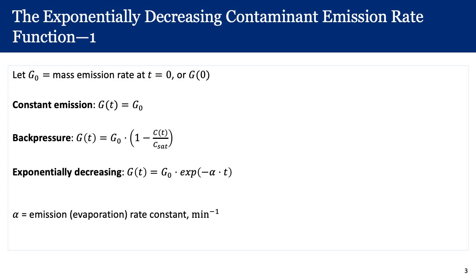There are a couple of examples that we look at, such as when we have what is called back pressure. Especially if we have a volatile solvent being emitted into a room, then as the contaminant concentration increases in the room, and the room is getting more and more saturated but hasn't yet reached saturation level, the molecules in the room air start to exert a back pressure on the source itself.